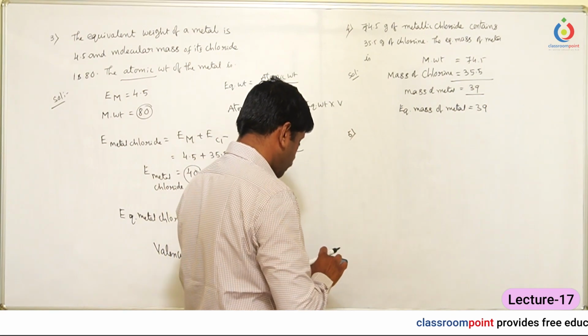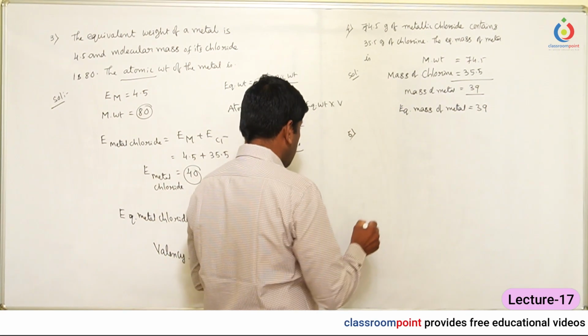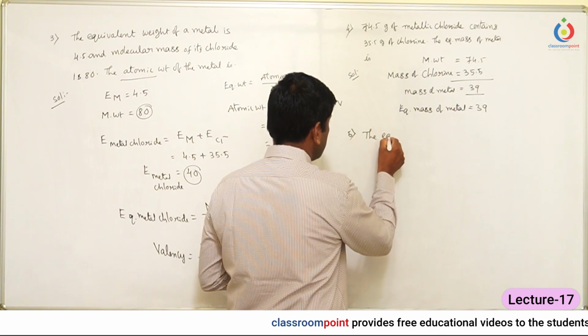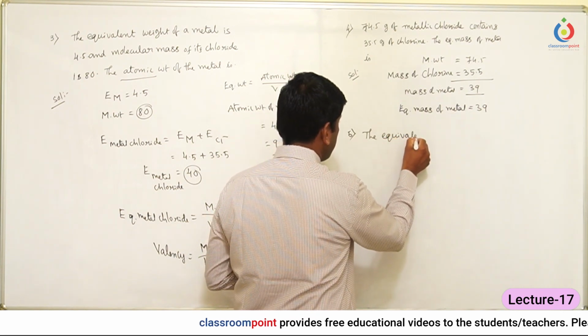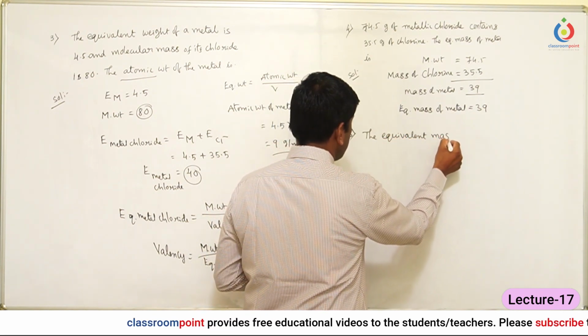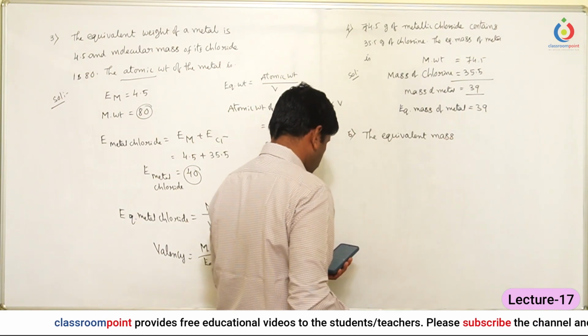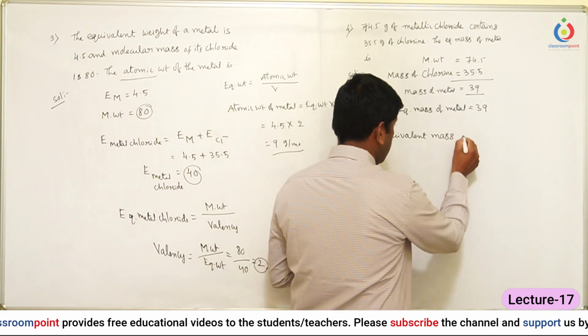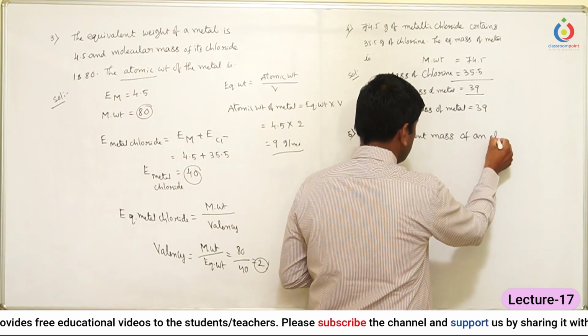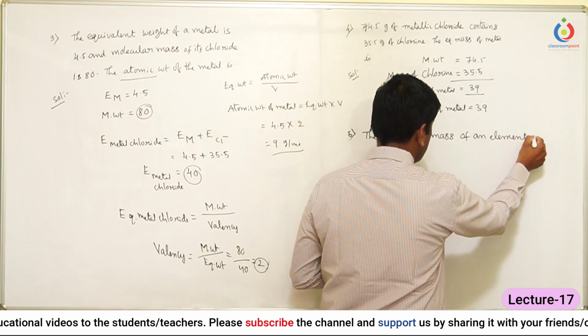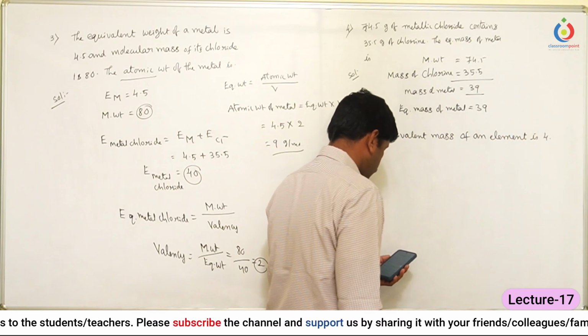Next question. The equivalent mass of an element is 4.